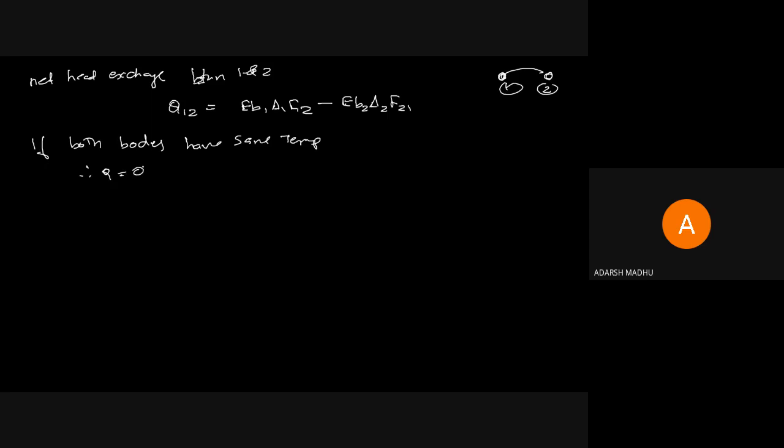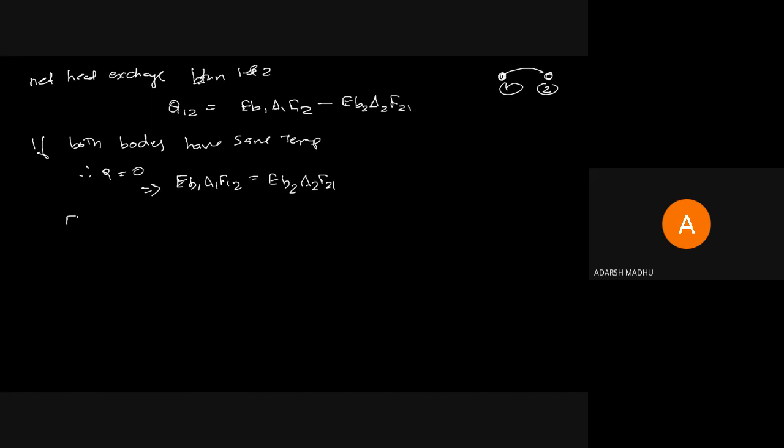Q equal to 0. So we can write, it implies EB1 A1 F12 equal to EB2 A2 F21. Right? Equal to 0 ആകുമ്പോൾ നെഗറ്റീവ് അപ്പുറത്ത് വെച്ച് ഇങ്ങനെ എഴുതാം. EB1 A1 F12 is EB2 A2 F21.